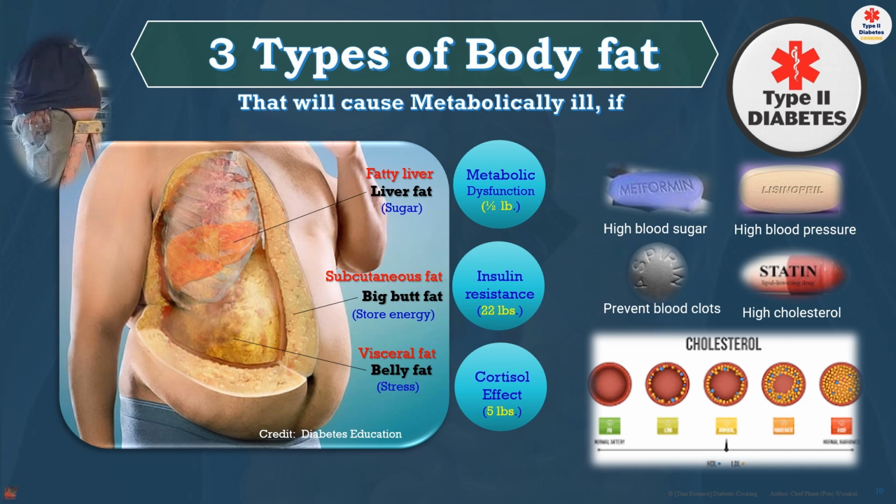Okay, and then another, this is the big thing that a lot of people I talk to are not aware of: visceral fat, that belly fat inside you, is caused by stress. So if you have diabetes, stress is very, very important because of cortisol.